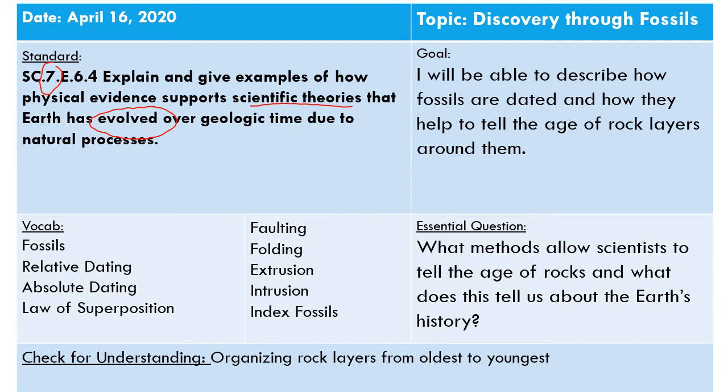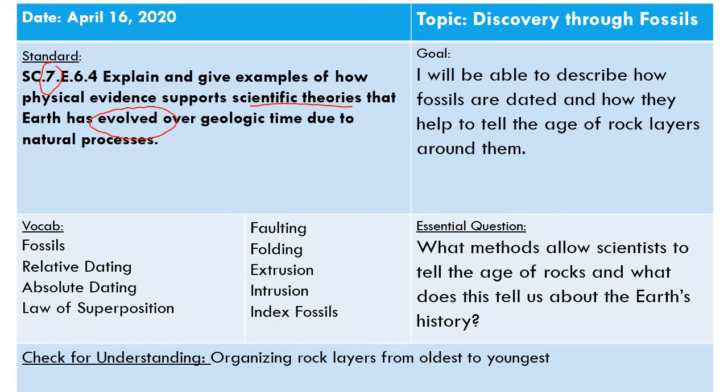Our goal: I will be able to describe how fossils are dated and how they help to tell the age of rock layers around them. We got a few vocab words today: fossils, relative dating, absolute dating, law of superposition, faulting, folding, extrusion, intrusion, and index fossils.